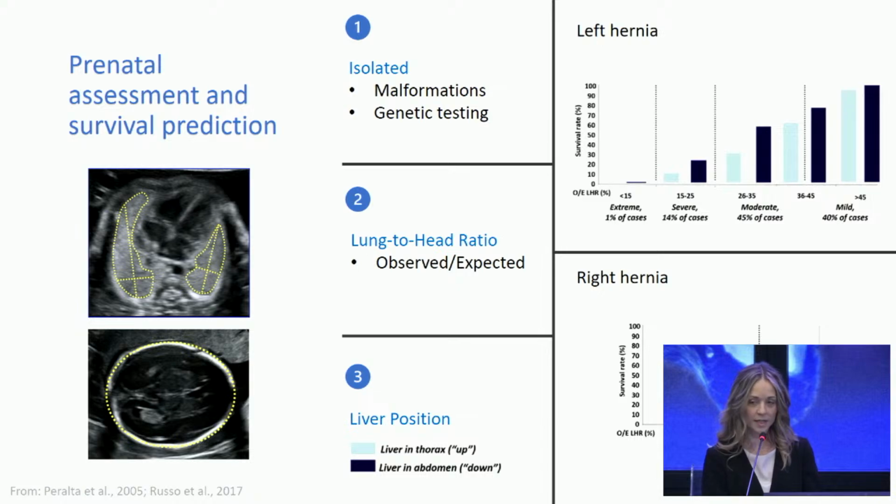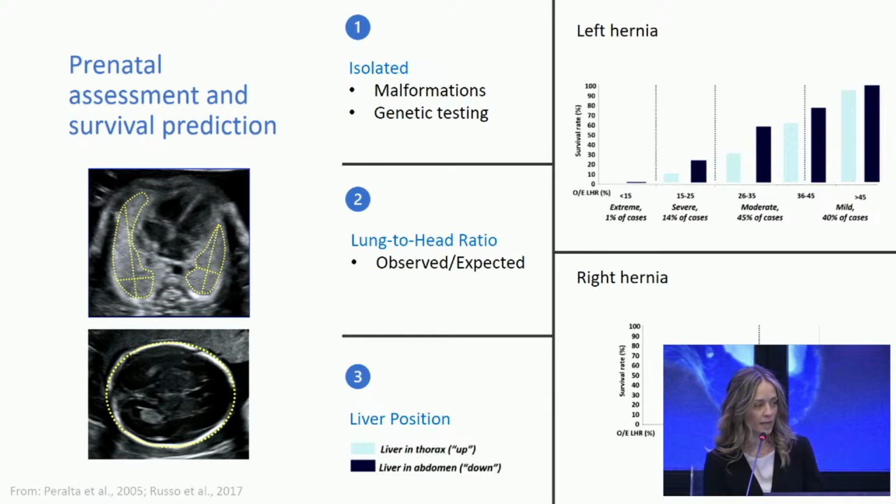And therefore, prenatal assessment is essential to provide a prediction of survival chances of the patients. And survival prediction is largely based on imaging and in particular obstetric ultrasound. What we basically do is to define if the hernia is isolated or associated with other congenital malformations or genetic anomalies.